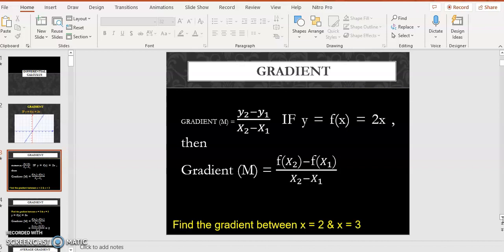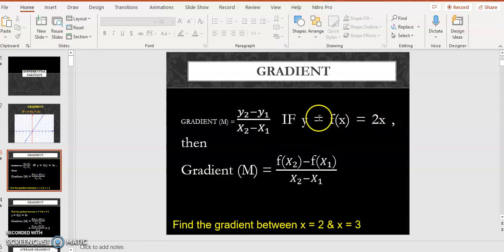Assuming you have this question, find the gradient between x is equals to 2 and x is equals to 3. We are aware of this formula in grade 11, that to find the gradient is y2 minus y1 over x2 minus x1.